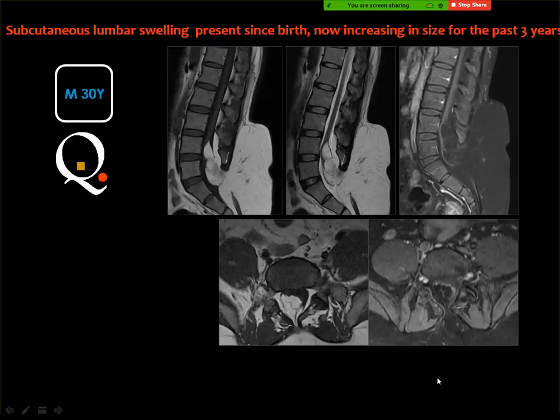Lipomeningocele. Now we have two lesions here which will show fat related to spinal dysraphism. We have the lipomeningomyelocele and the lipomyelocele.